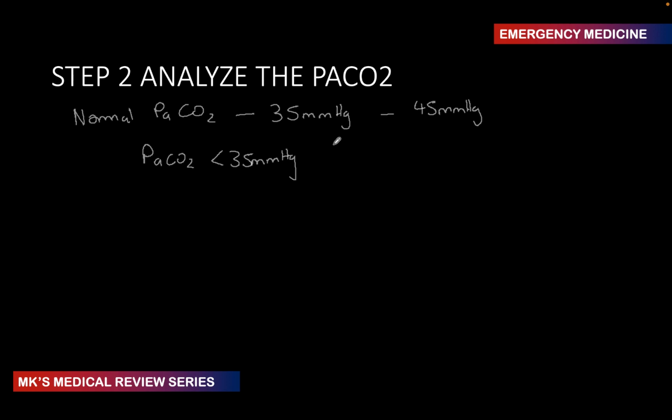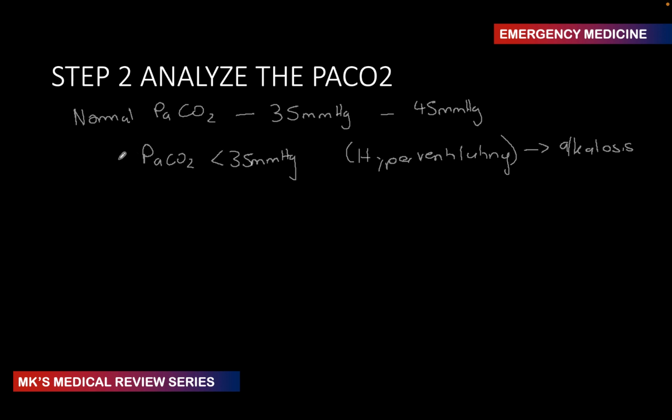Remember, carbon dioxide is almost equivalent to a hydrogen ion, so they have pushed out hydrogen ions. This is a person that is hyperventilating, and ideally has an alkalosis, because they are blowing out carbon dioxide. The partial pressure has been reduced.